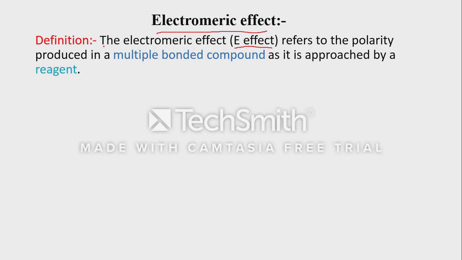It means the electromeric effect happens in the presence of a reagent, in multiple bonded compounds.